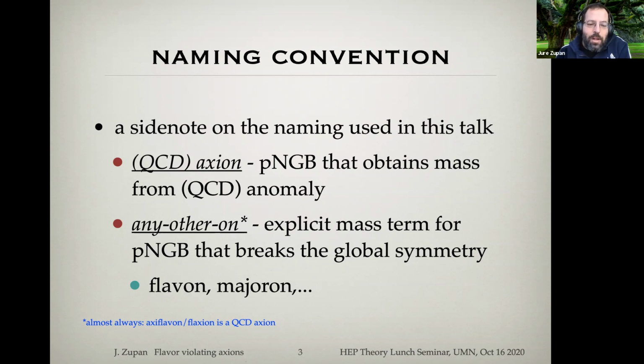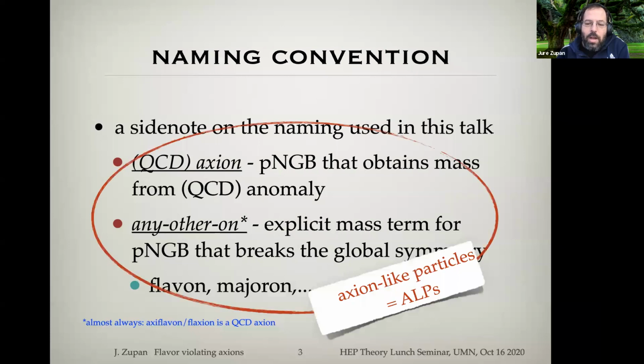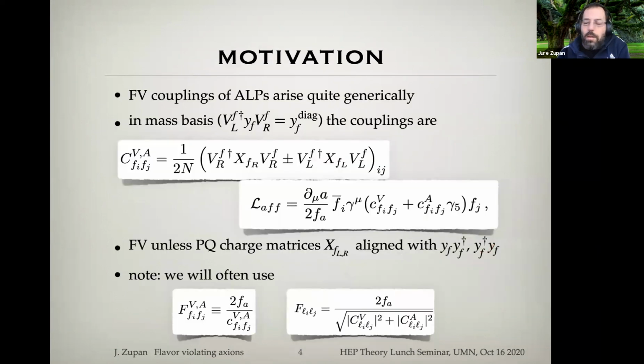Something called an axiflavon or flaxion will be a QCD axion, so it's a bit of a mix as to what people mean. But keep in mind, QCD axion will really mean you get the mass from the QCD anomaly. And then another thing that people like to use is axion-like particles, or ALPs. This would fall into the category where you just put an extra mass term there.